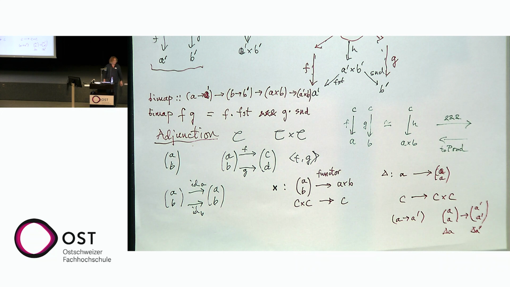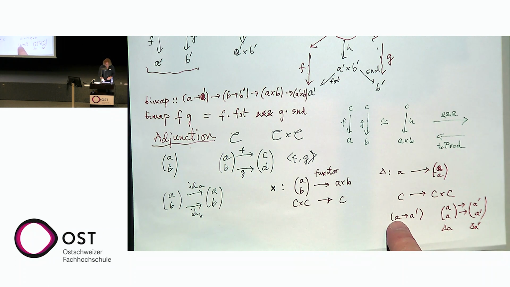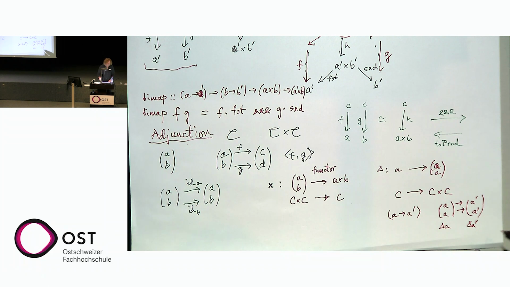Makes sense? So you have a function that goes from A to A prime in the category C, an arrow that goes from A to A prime, and you want to get an arrow that goes from delta A to delta A prime, but it's in category C cross C, right? So it goes from the image of delta A to delta A prime.